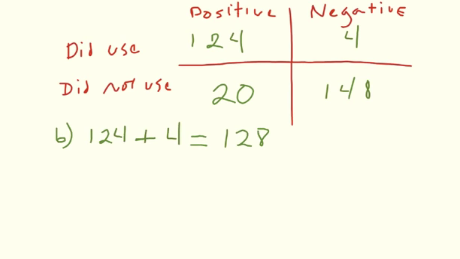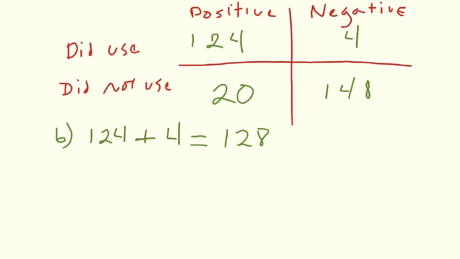Part C asks, what's the probability of randomly picking one of these people who did not use the drug? So that is the probability of picking one of the 20 or 148 people who did not use the drug and either got a positive or negative test result.